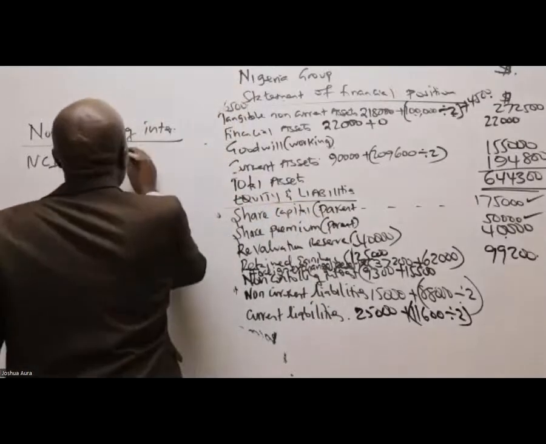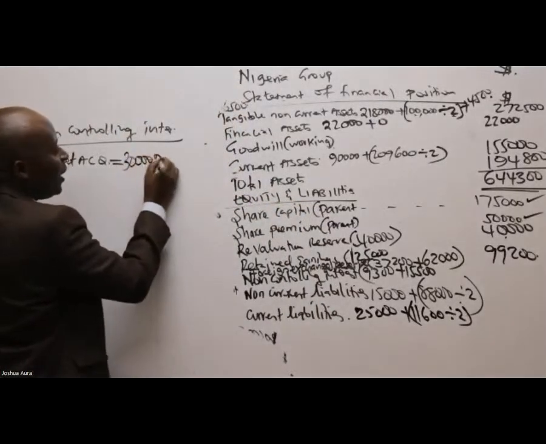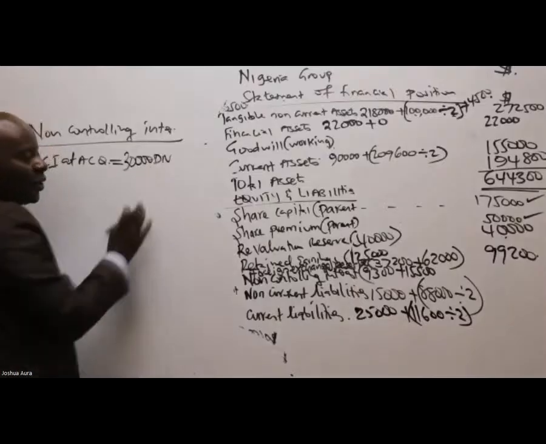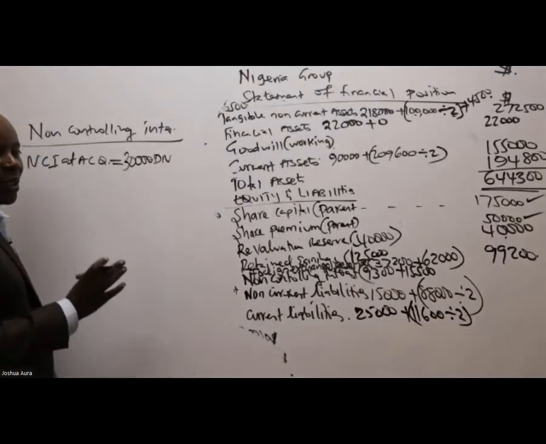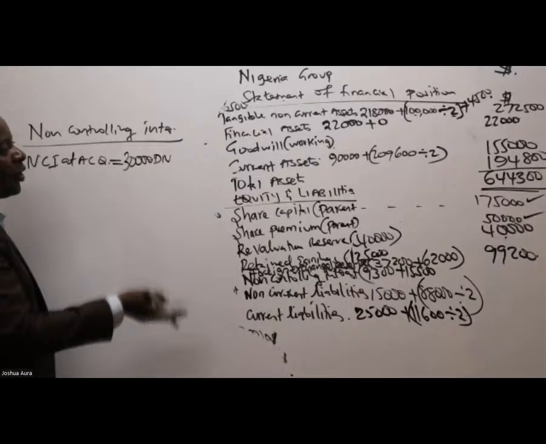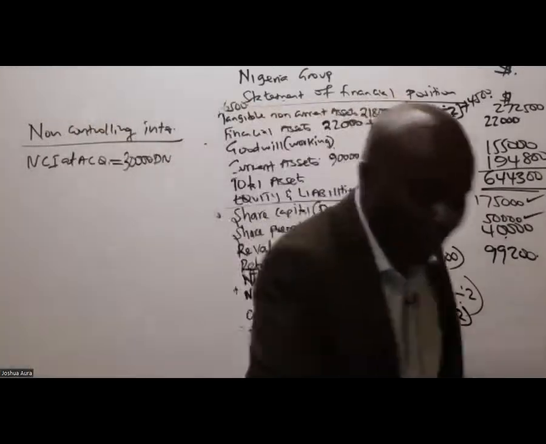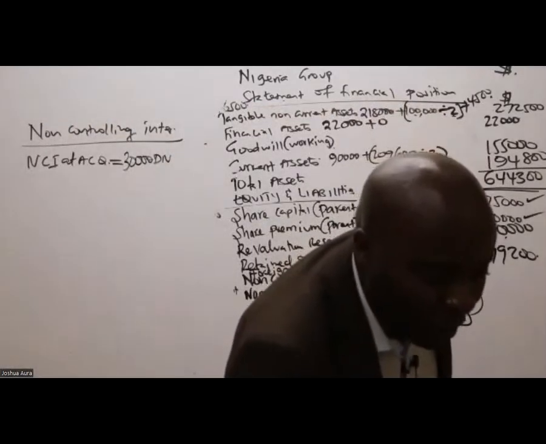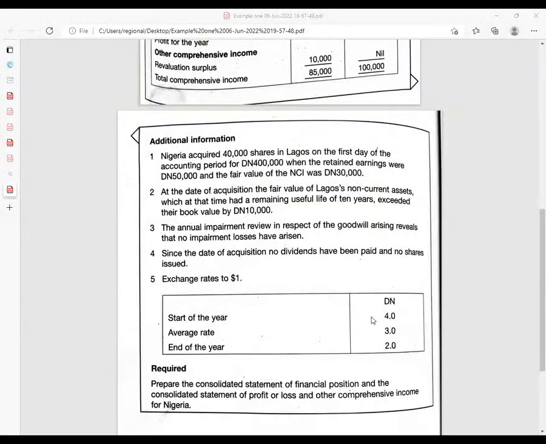But remember that this 30,000 is in foreign currency, DN. I need to retranslate this. Of course, I know I'm dividing. So what should I divide this with, 2 or 4? It can't be the end of the year. It has to be the start of the year when I was acquiring. Why am I saying that?